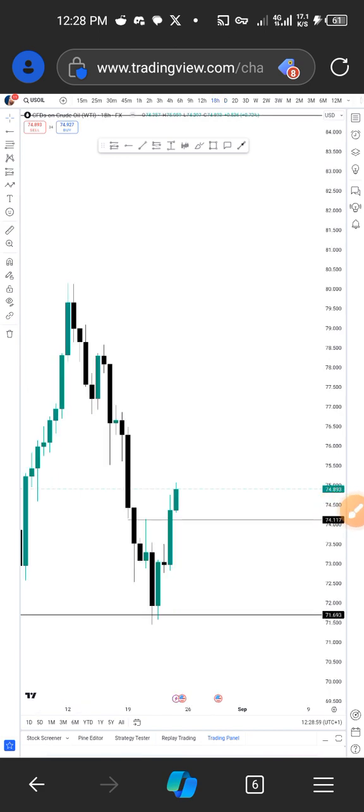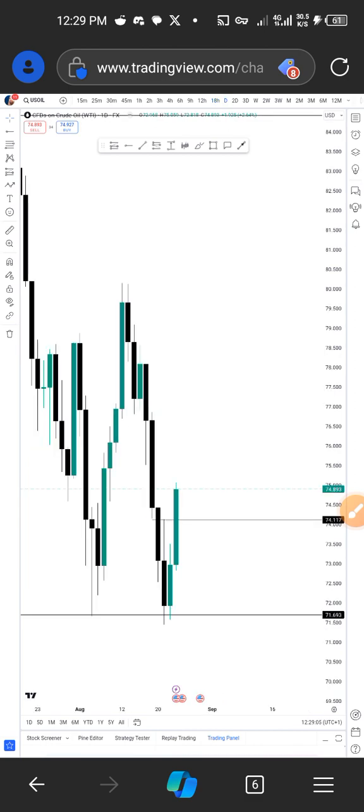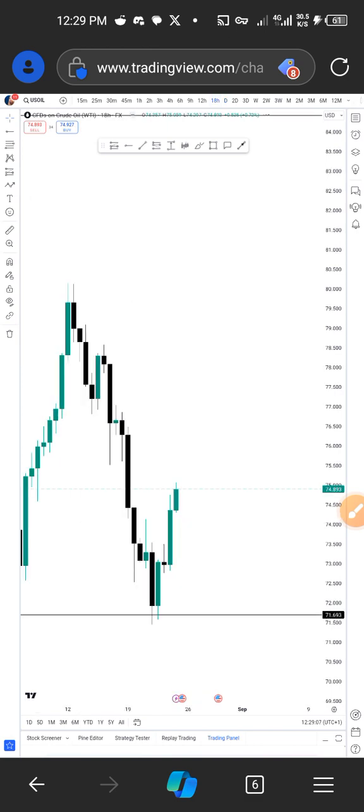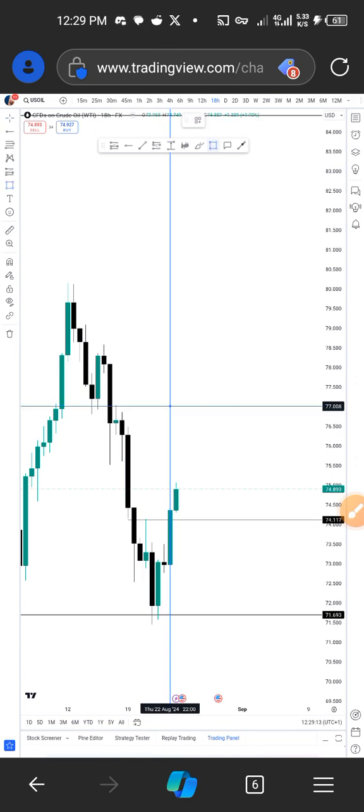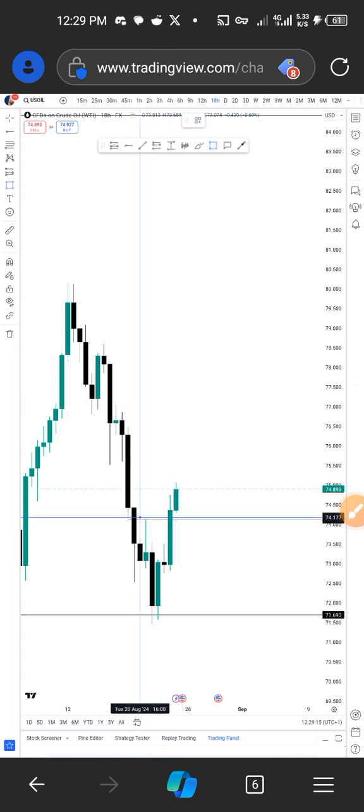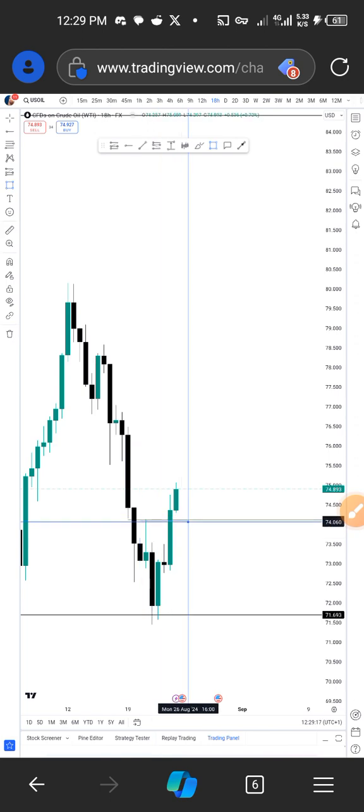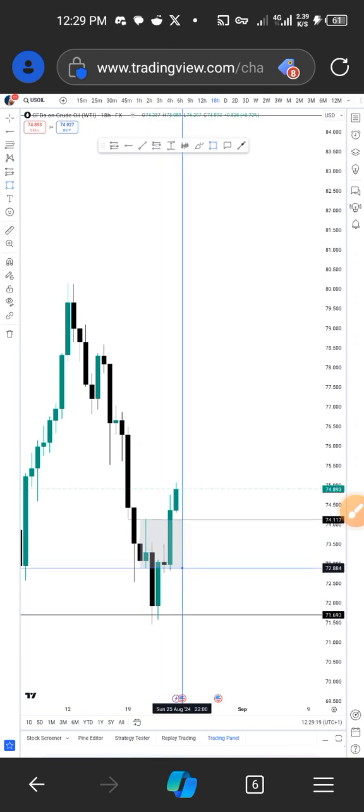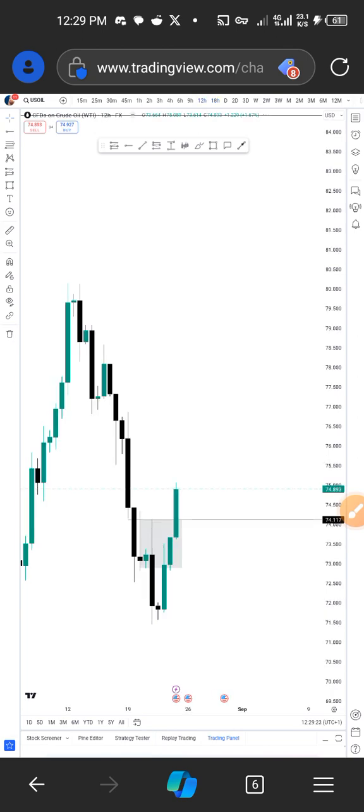I think so. It's not correlating, but I see 18-hour time frame. Let me just guess if they will correlate to 12-hour time frame.